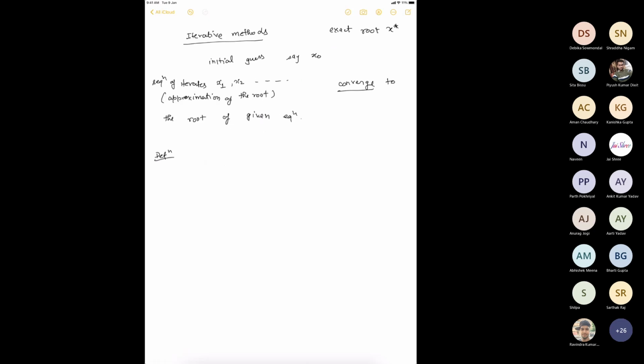So this is the definition. Suppose you have a sequence of iterates, let's call it xn.